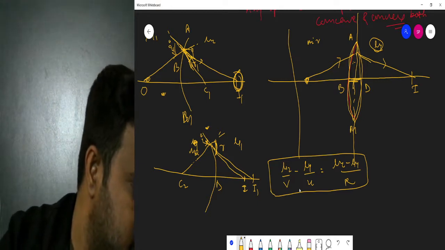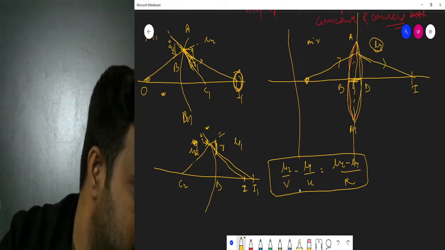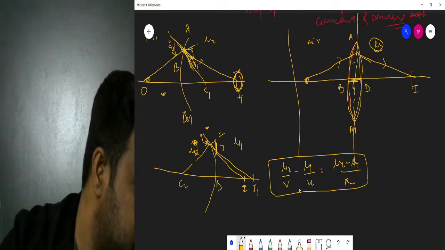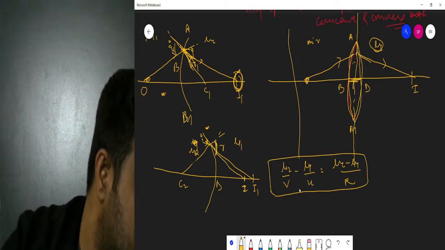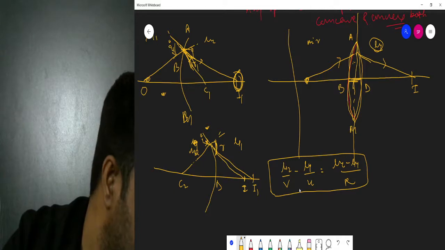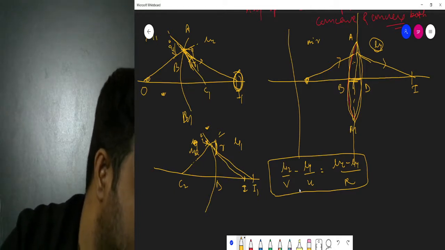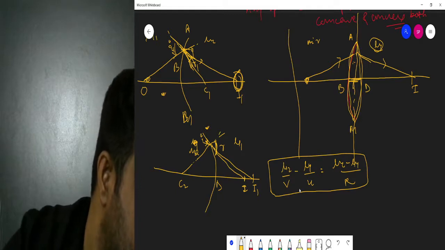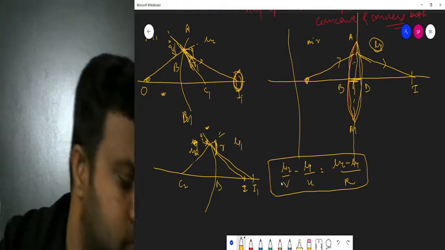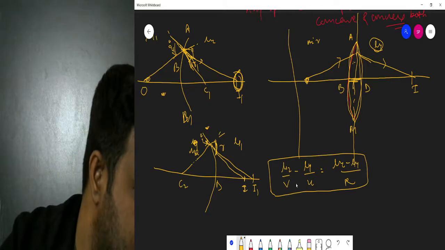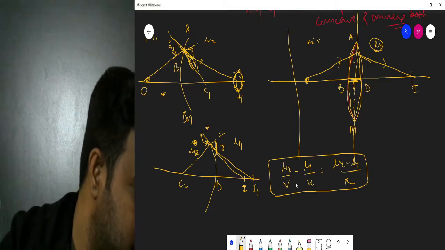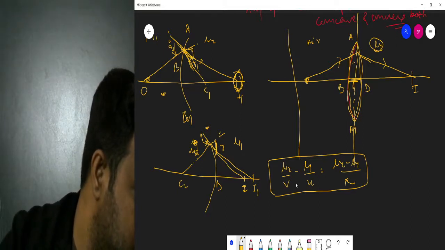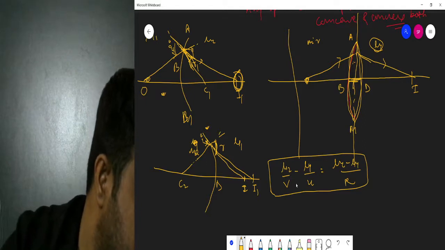For a spherical surface, this is the result. So now let us use this result for the first surface.